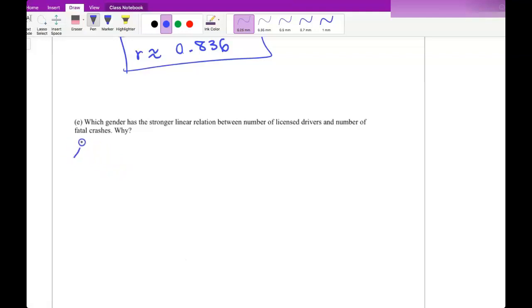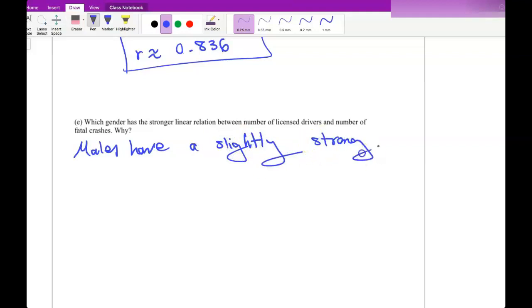So the answer is males. Slightly stronger linear relation.